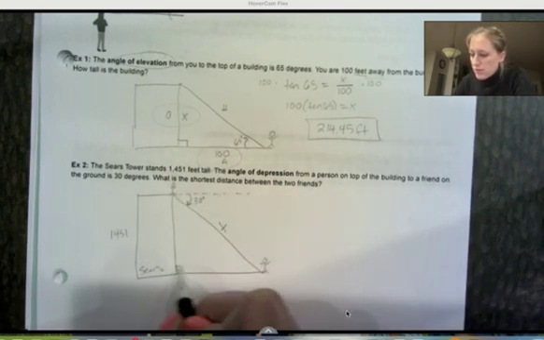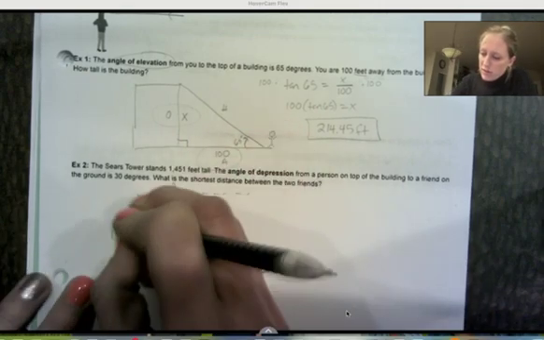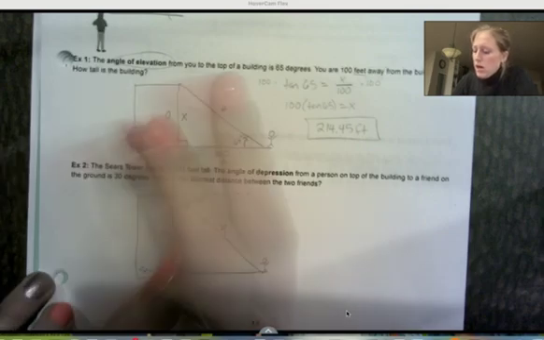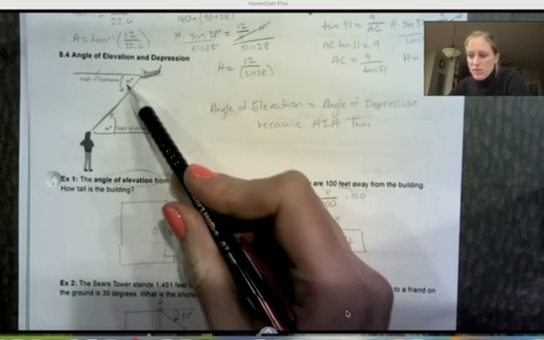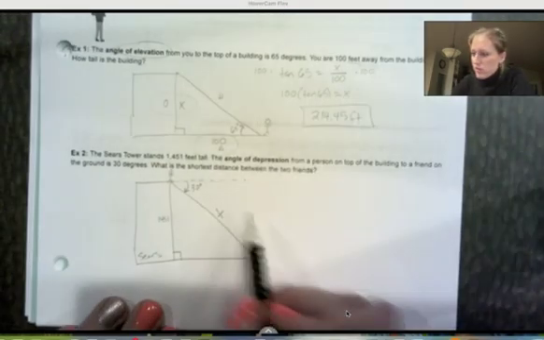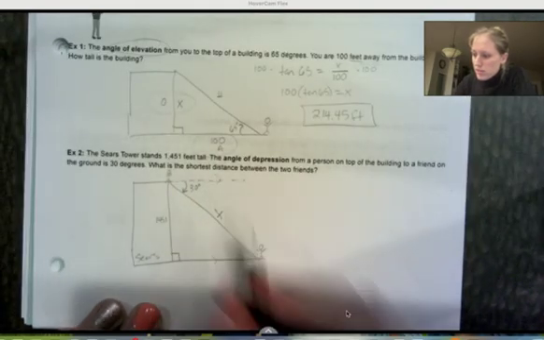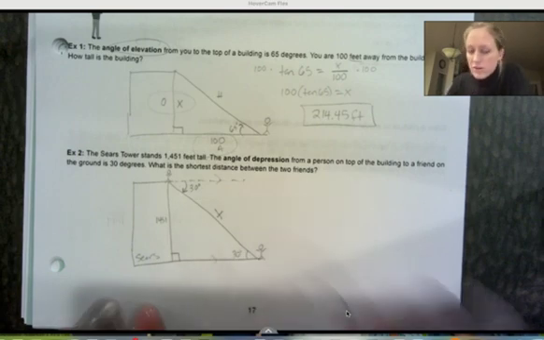Okay, so here's my right triangle. This is also 1451. Maybe I'll put it right there. Now this angle is not in the triangle. So remember, this angle and this angle are always equal because they're alternate interior angles. Because this is parallel to this, this one is also 30 degrees.